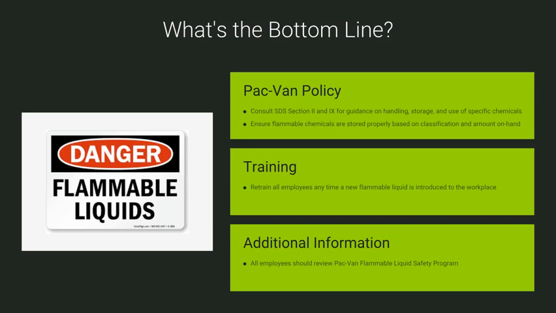Branches should monitor the amount of flammable chemicals they have on hand at any given time to ensure they are compliant with storage requirements. Whenever a new flammable liquid is introduced to the workplace, all employees should be trained on the dangers it poses, as well as procedures for safely handling, storing, using, and disposing of the liquid.